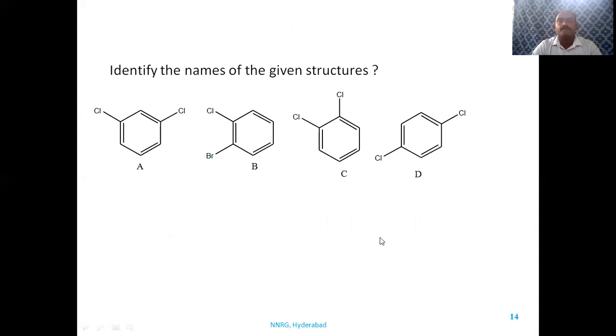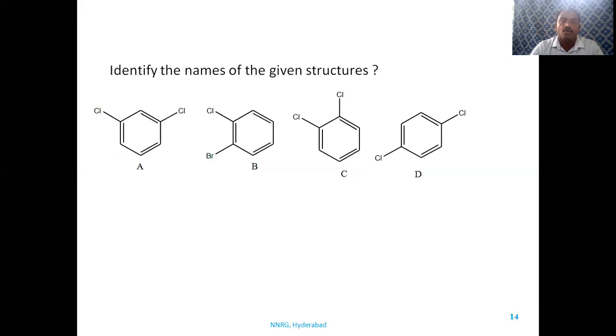Identify the names of the structures. How do you name this molecule? It is benzene, and you can number from here 1, 2, 3. At the 1 position and 3 position you have chlorine, so it is called 1,3-dichlorobenzene. When you see this molecule, chlorine and bromine are there, so you need to take the first preference, that is bromine.